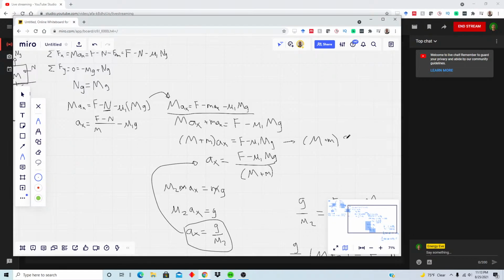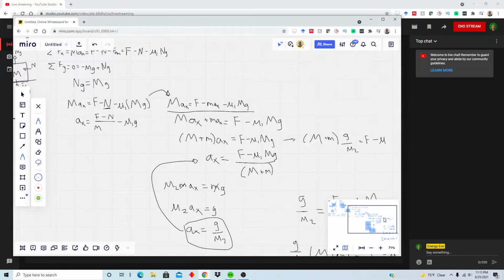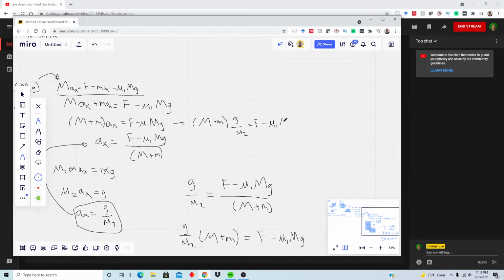Plug it in there, so we could avoid some potential algebra errors along the way. So we would have plugged in g over mu2 here is equal to f minus mu1 mg. Okay, and that tells us that f is equal to mu1 mg plus big M plus little m g divided by mu2. Okay, and so if we were to kind of distribute this thing out and then factor out even more, let's see what we end up getting.